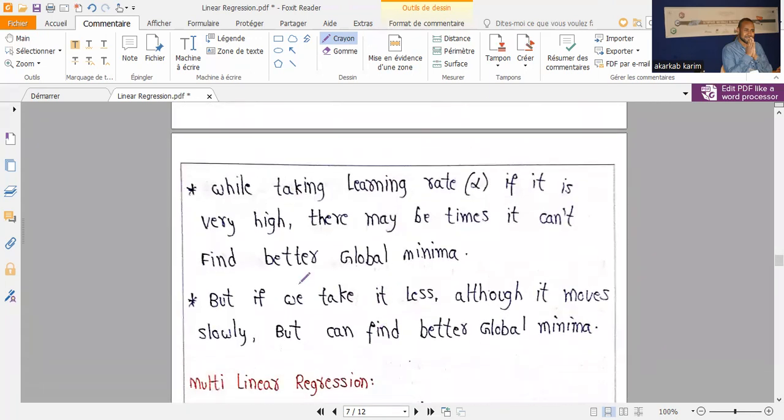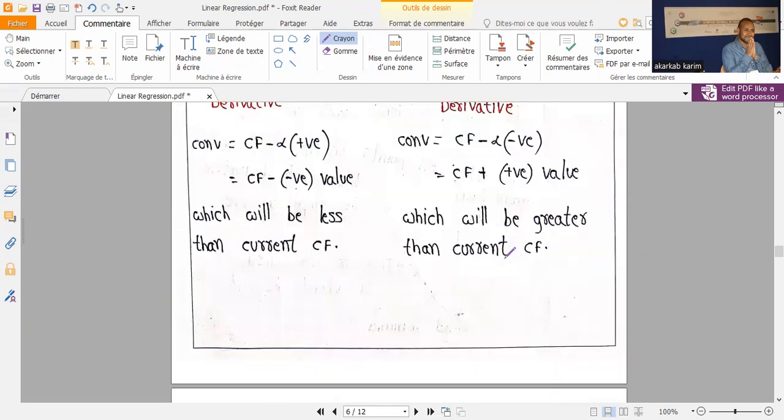Take the learning rate alpha. If it is very high, there may be times it can miss the global minimum. That means if we give alpha a high value, we may not have any chance to find the global minimum.